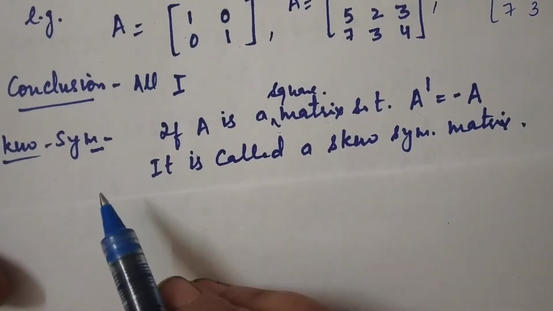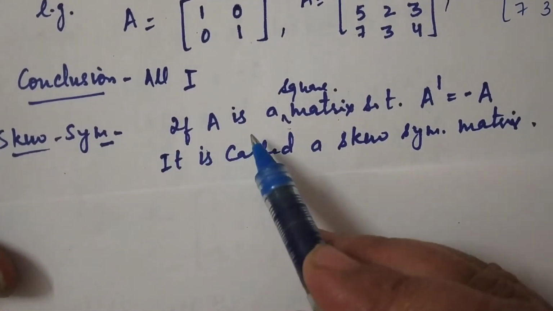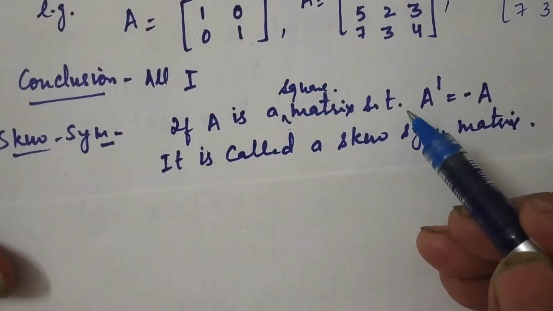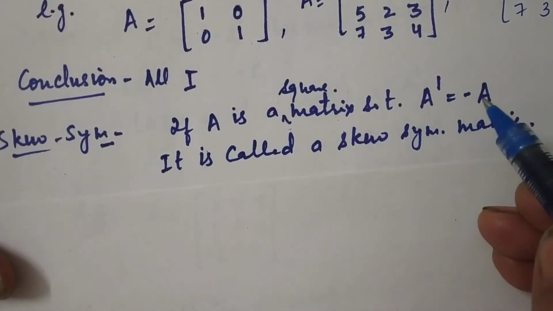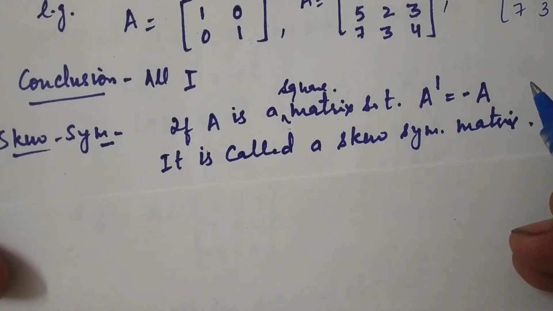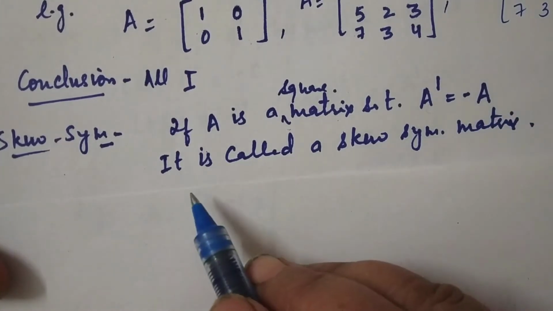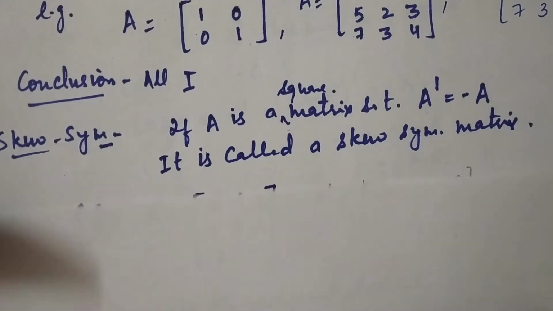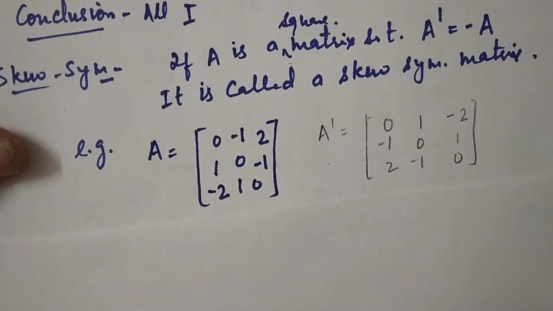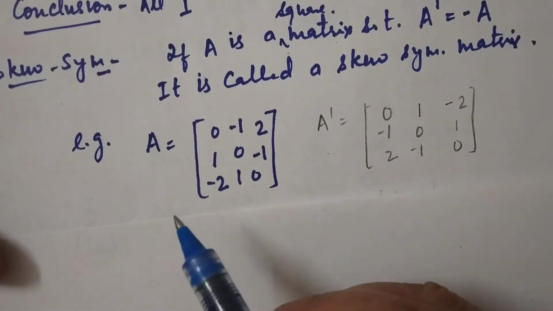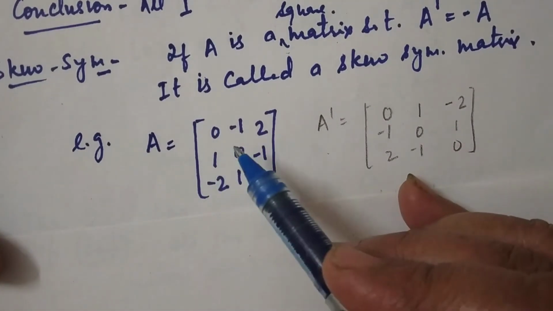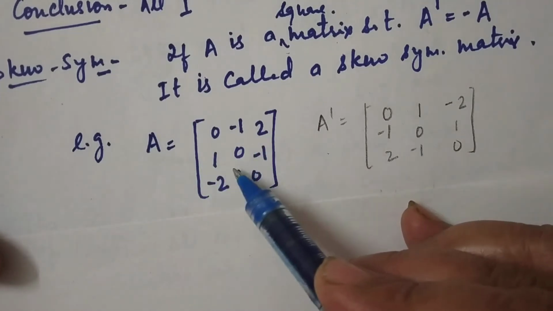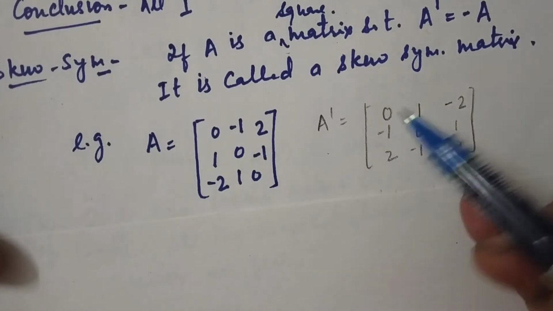What is a skew symmetric matrix? If A is a square matrix such that transpose of A equals negative of A, then such kind of matrix is called a skew symmetric matrix. For example, I have written a matrix A here: 0, minus 1, 2, 1, 0, minus 2... 1, 0.